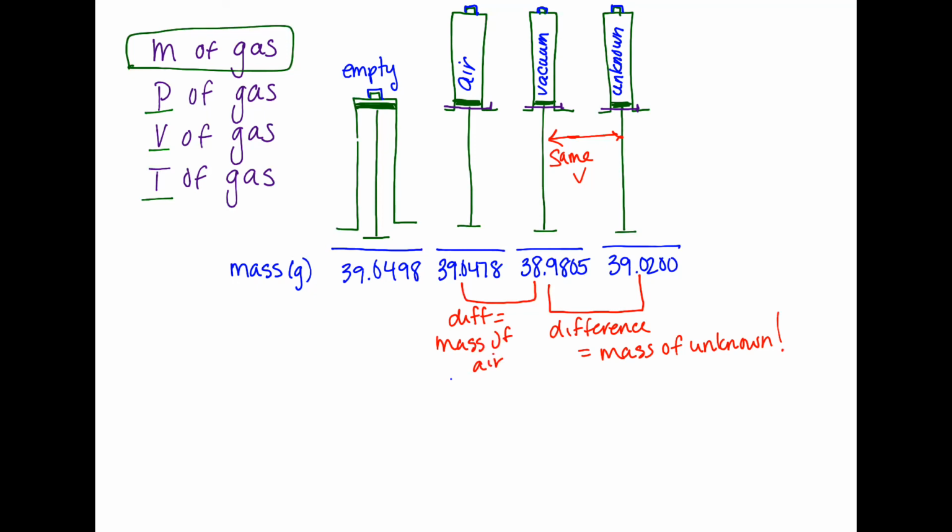And we can say that's true because, again, these two have the same volume and are affected by buoyancy the same way. And when we reflect back on it, our empty syringe, we don't actually use that mass for any calculation because it doesn't have the same volume as the other ones we're interested in, and it's not affected by buoyancy the same way, and so the difference in masses aren't accurate.